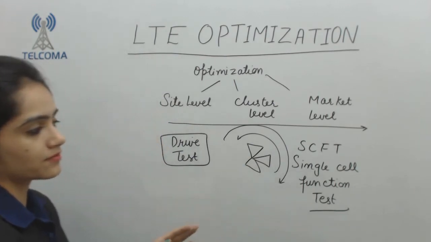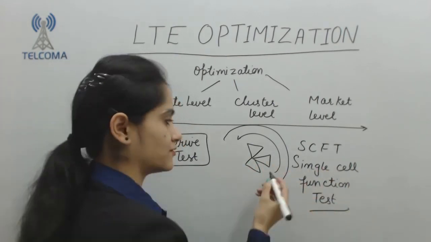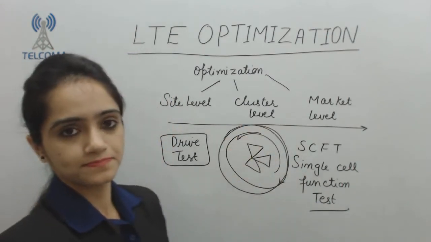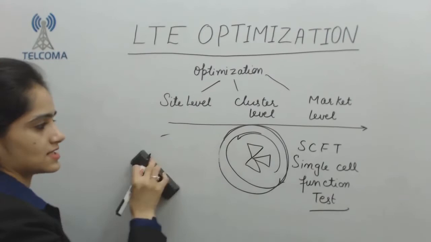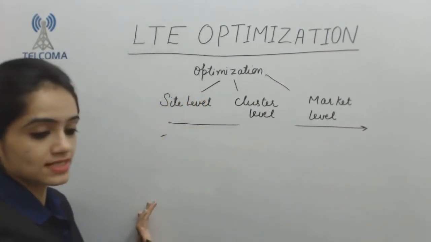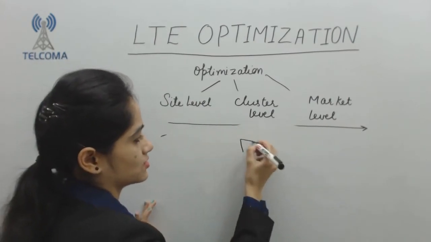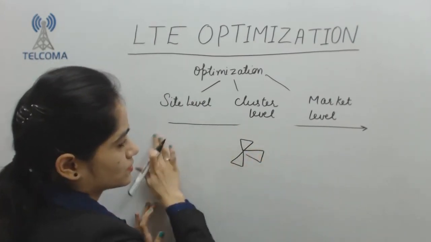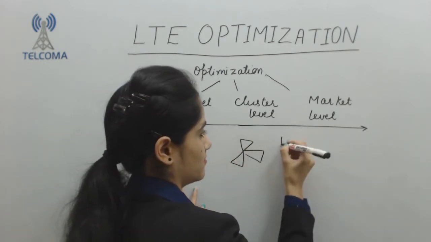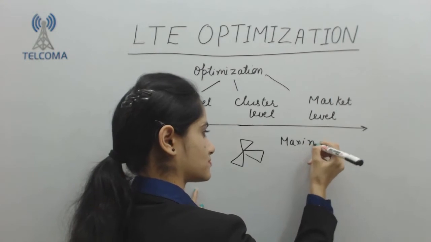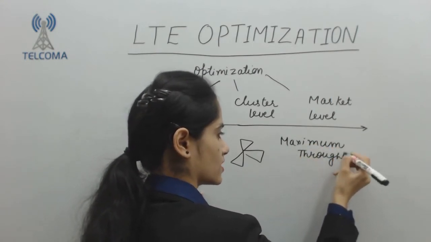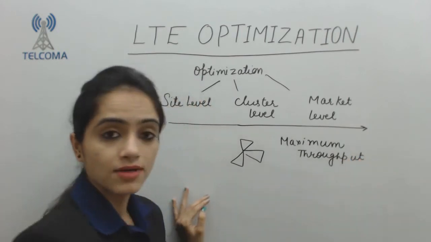That means whenever we are performing a single cell function test, we have to find out all parameters of a single cell only. Whenever we are performing a single cell function test or single site level optimization, we have to find out the maximum throughput or maximum data rate.